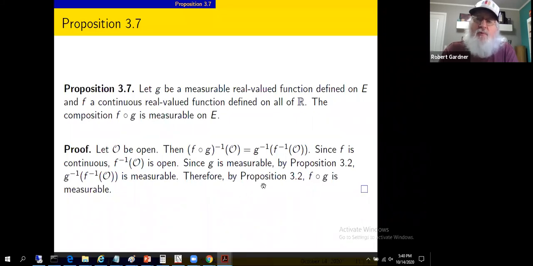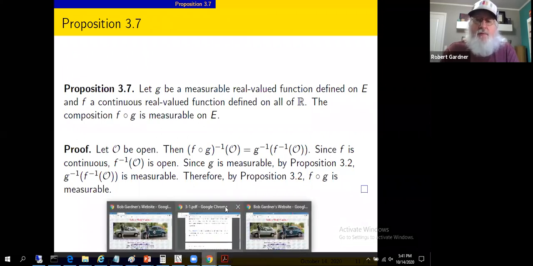Proposition 3.2 said inverse images of open sets are measurable if and only if we're dealing with measurable functions. So we can apply 3.2 again to draw the conclusion that if F composed with G inverse image of O is measurable, then that function, F composed with G, is a measurable function. So this one comes as an easy result following from 3.2.